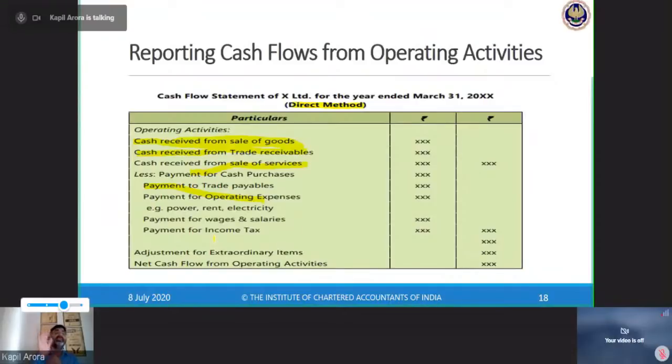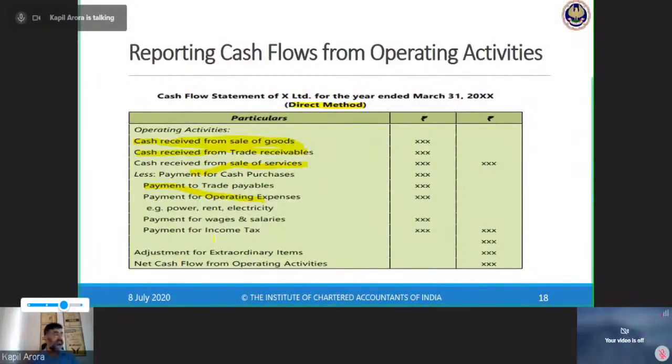When you take all these directly, it automatically gives you the cash flows, the inflow and outflow of cash. So you don't have to look at the balance sheet at all.